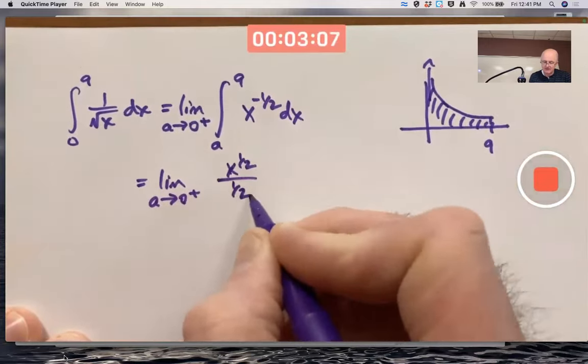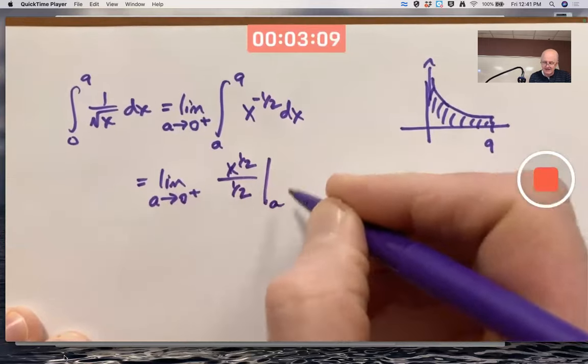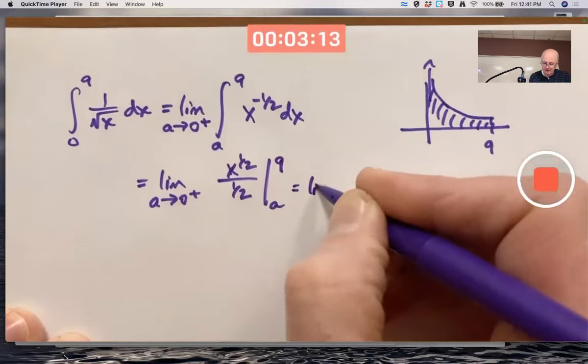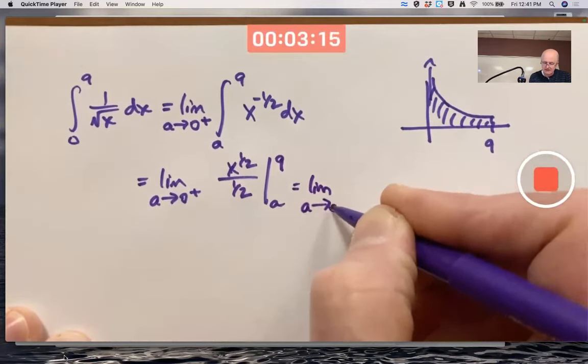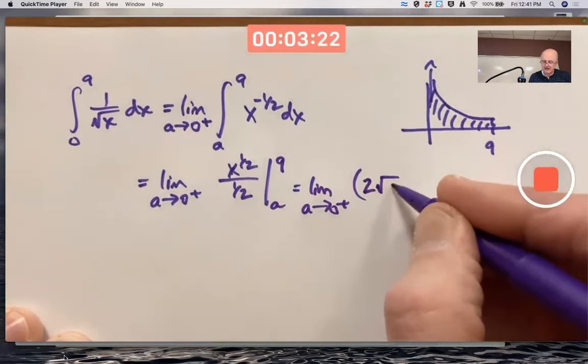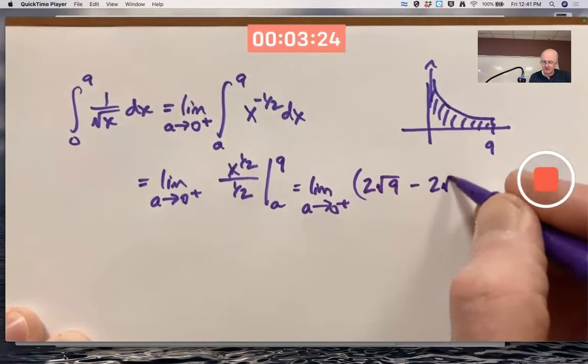Divide by that same number. Evaluate from A to 9. Dividing by 1/2 is the same as multiplying by 2. So I get 2 times the square root of 9 minus 2 times the square root of A.